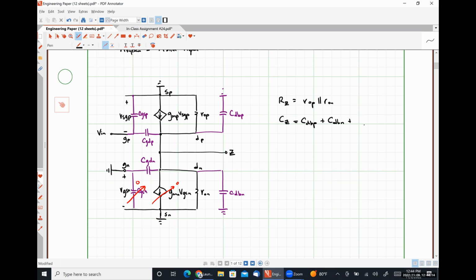We have CGDN directly between node Z and ground. And then we're going to have CGDP, and I'll put an asterisk in red, much like I did on Monday's class, because this is a Miller capacitance that is referred to that output node, okay?